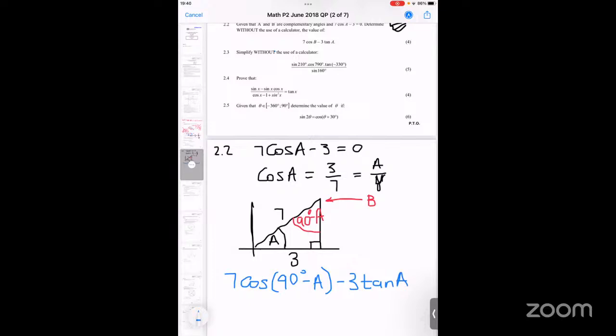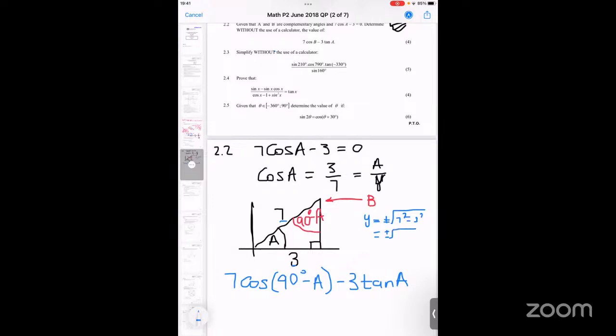Something very important. You already have your r, you have your adjacent. What about opposite? Can we not quickly work on that opposite? You can, by saying your opposite should be equal to plus or minus the square root of 7 squared minus 3 squared. I'm just taking a shortcut there.